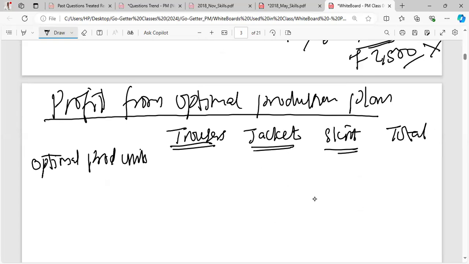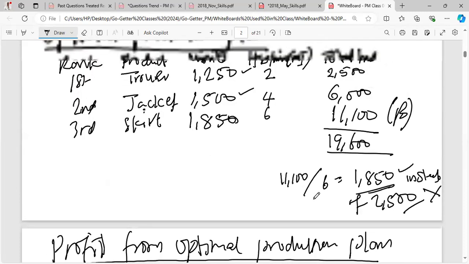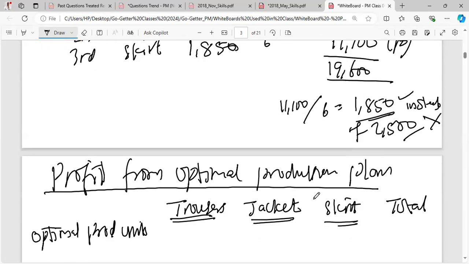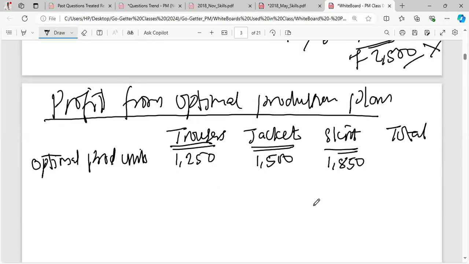So how many did we say we are going to make for trousers? 1,250. Here is 1,500, and here is 1,850 units. Then we have contribution per unit. Now note here, you are not going to use the contribution per limiting factor.